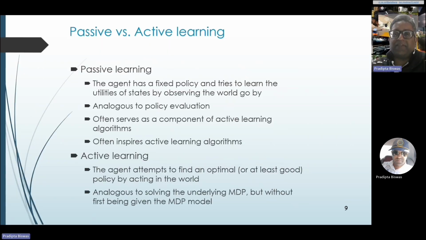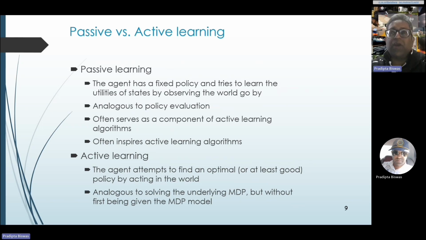There is another type of classification, passive versus active learning. In passive learning, the agent will observe the world and get a set of training samples. Each training sample we will term an epoch. What is the training sample? The agent roams around the environment until it reaches a terminal state. The terminal state can be either good, +1, or bad, -1.